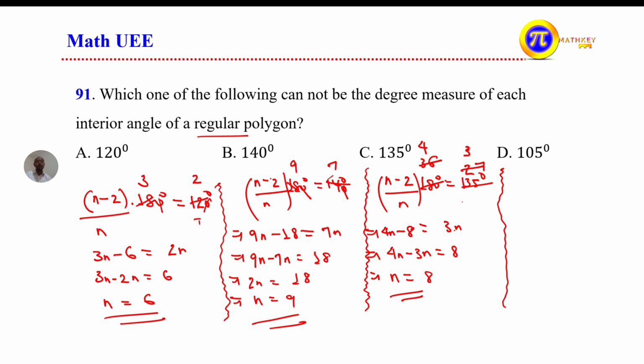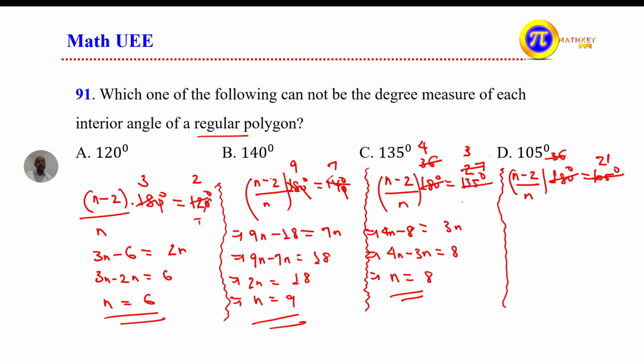The last one is 105. As we did before, (n minus 2) over n times 180 degrees is equivalent to 105. Dividing by 5, 180 becomes 36 and 105 becomes 21.